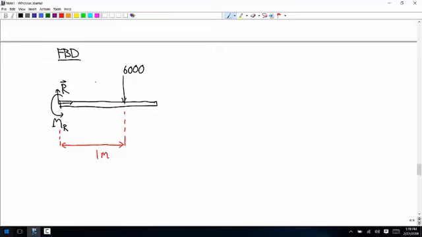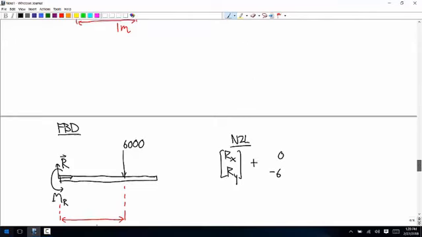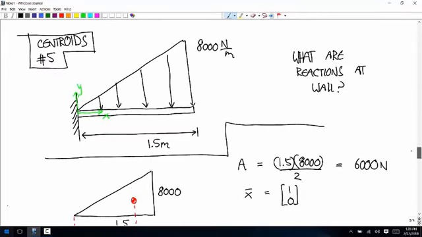So you could write out the table now, calculate the r vectors, force vectors, moment vectors. I'm going to just do it that other way. So Newton's second law says Rx, Ry plus 0, negative 6,000. Oh no! You know what? I forgot something in this one. It also includes a weight.